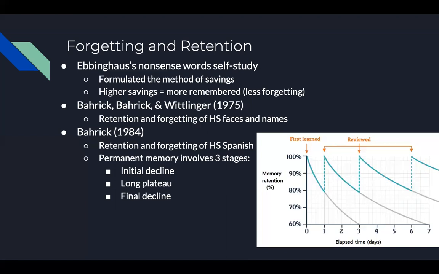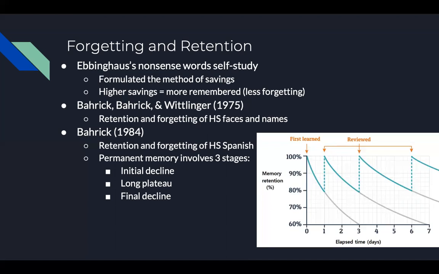And so a researcher by the name of Neisser pushed back against this idea and said, well, I don't think there's necessarily this initial decline, plateau, and then final decline. And that after the final decline, this information is permanently in your memory perfectly.